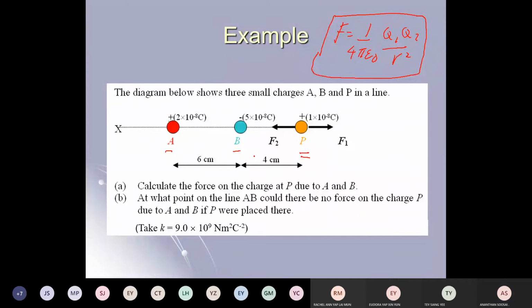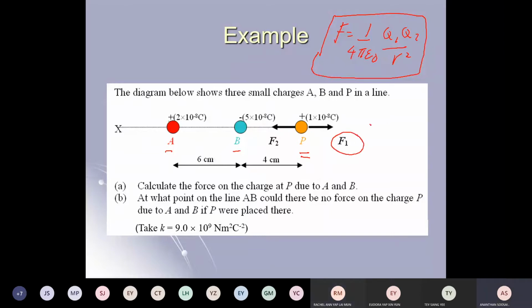A is positive, P is also positive. So A is going to exert a force, F1 or F2? Because like charges, positive, positive, P is going to be pushed by A, right? So the force caused by A on P should be F1, right?